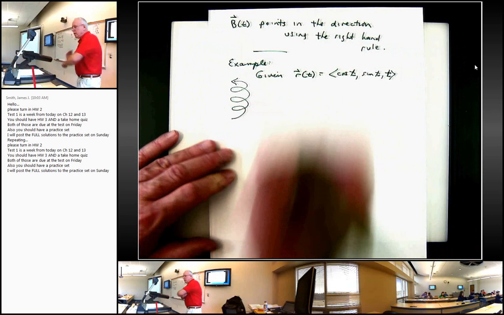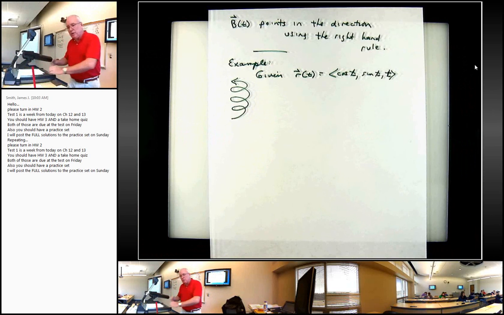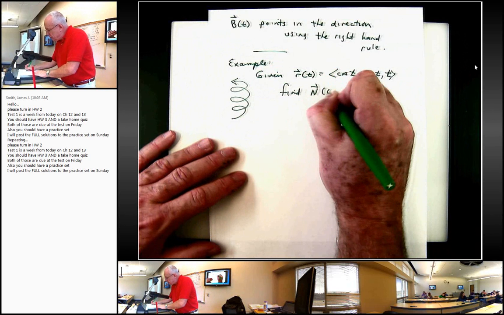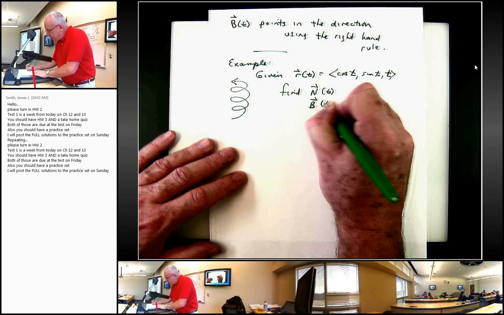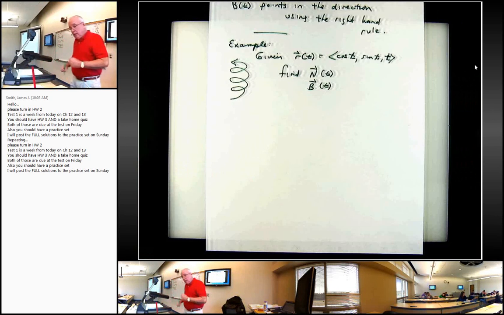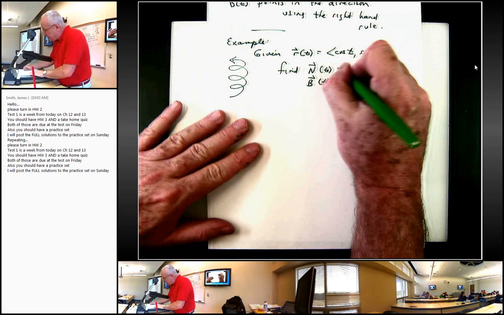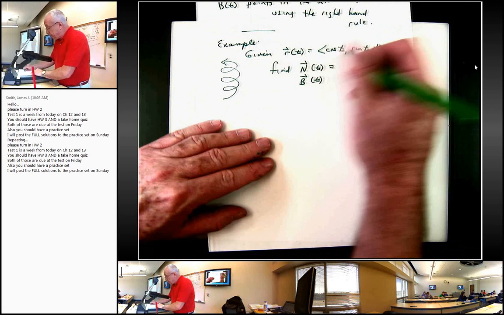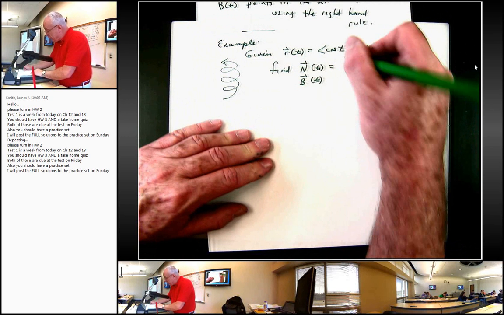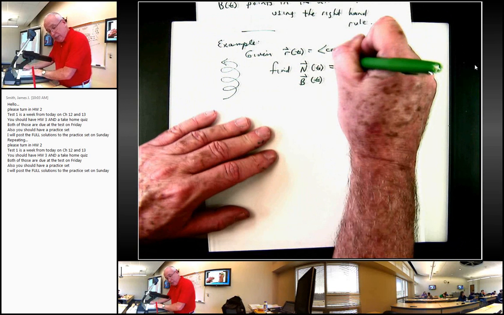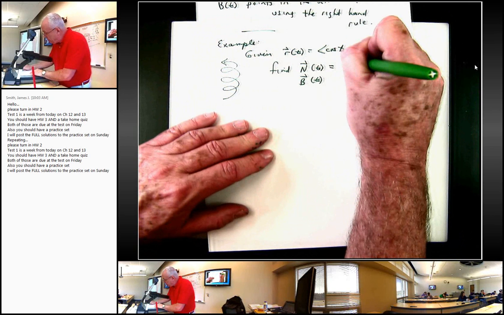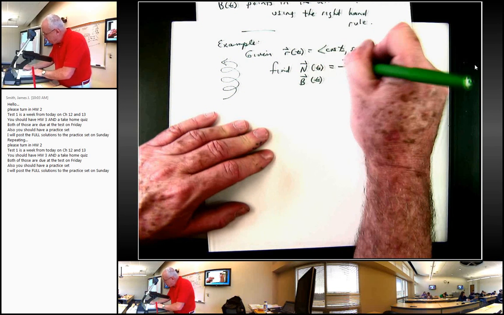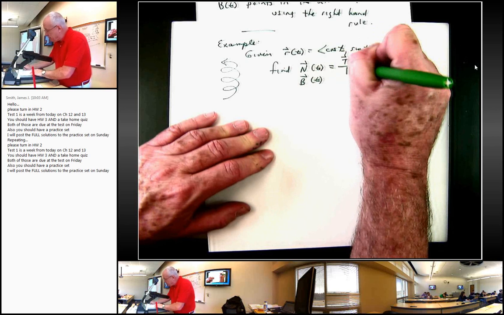All right, and we're going to want to find the unit normal vector and the binormal vector. Okay, so let's just write down these formulas here. The normal vector is going to be T prime of t divided by the magnitude of T prime.